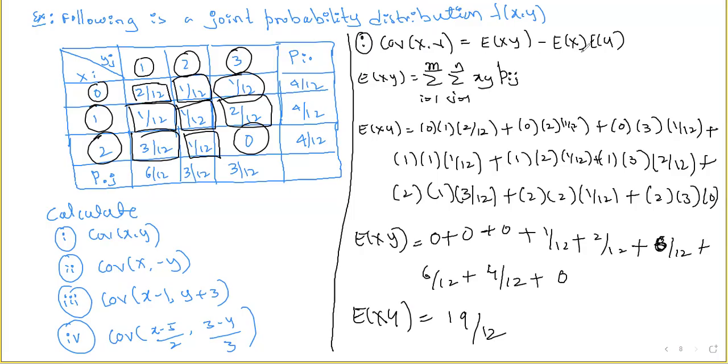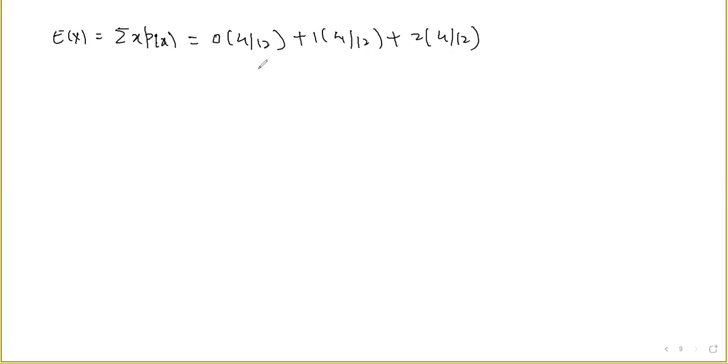Now we need to find expected value of x and expected value of y also. To find expected value of x, we have the formula x into p of x. Here x values are 0 with probability 4 by 12, 1 with probability 4 by 12, 2 with probability 4 by 12.